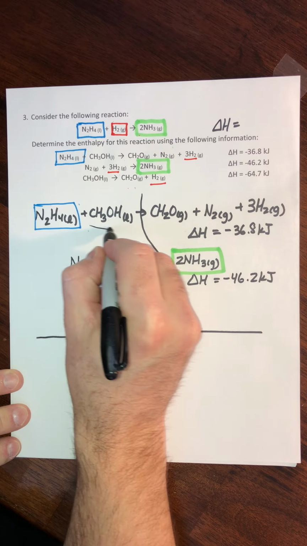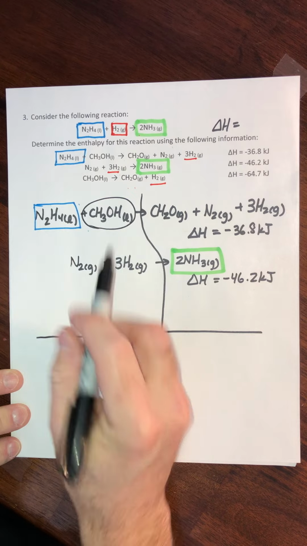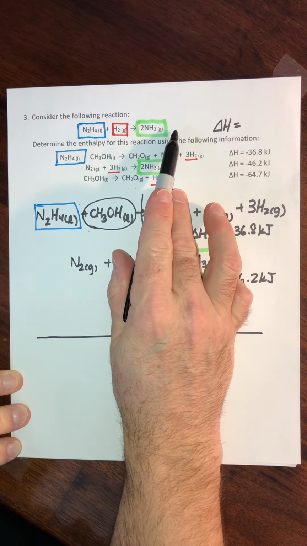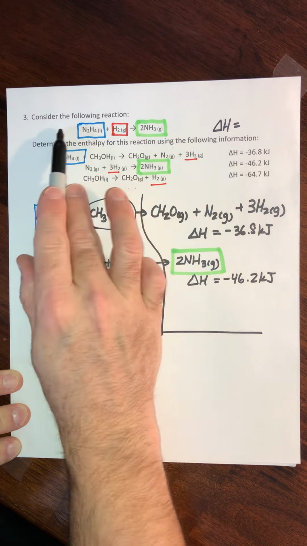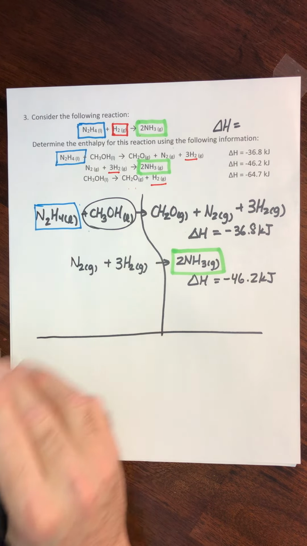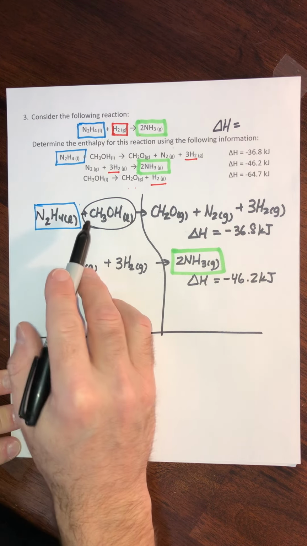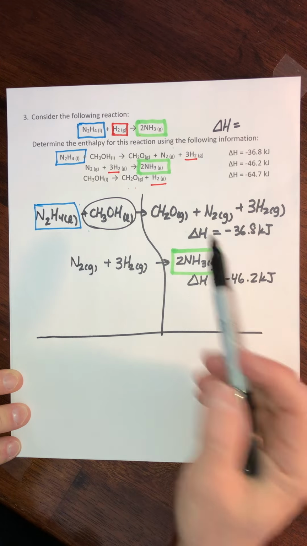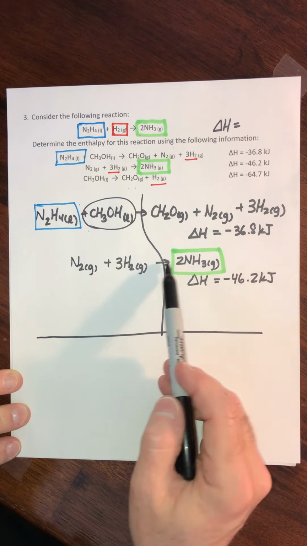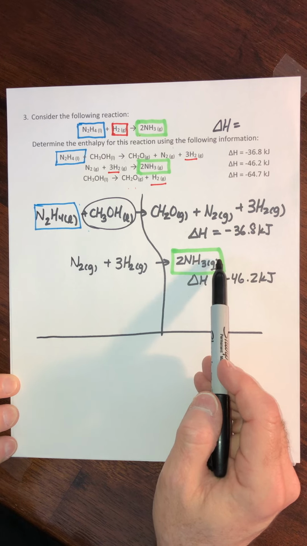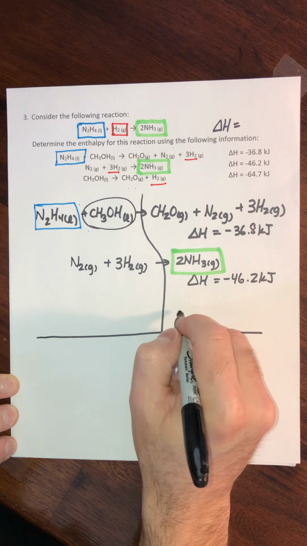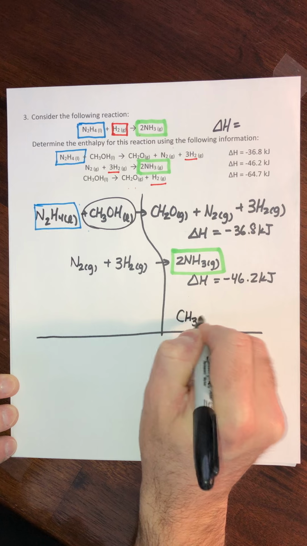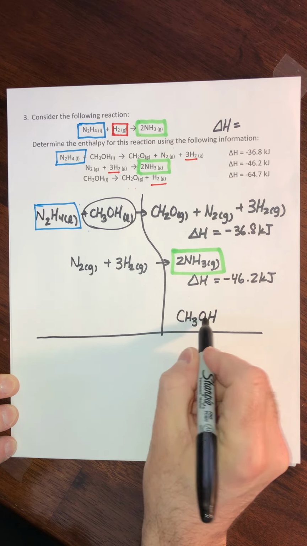Let's talk about the CH3OH. If you look at your target equation, CH3OH is not in your target equation. This has to go away, which means it has to have a partner on the opposite side. So if I look here, so far, I don't have any CH3OHs, which means that the last equation is going to have to give me a CH3OH, right?